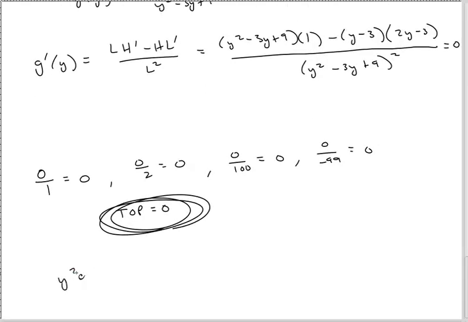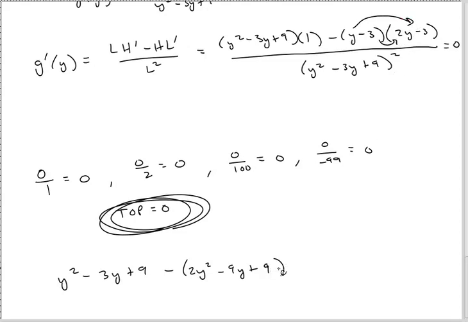And so we got y squared minus 3y plus the 9. Over here, we're going to have to FOIL this thing out. So we got 2y squared minus 9y plus 9, right? Because basically our 3 and 6 will make a 9.